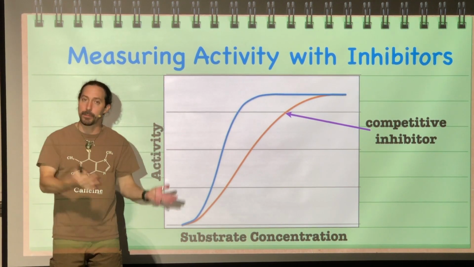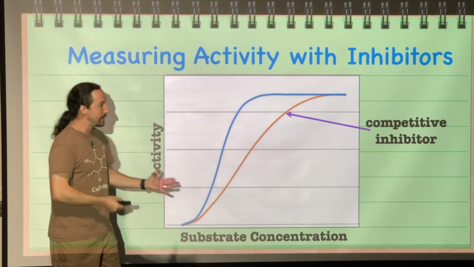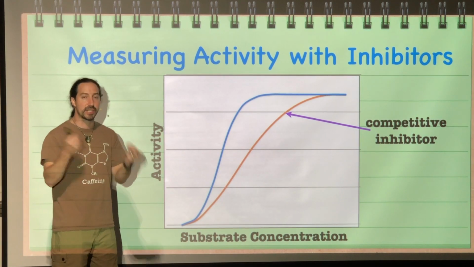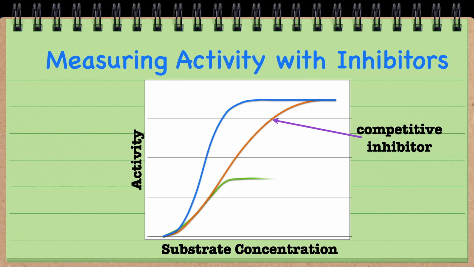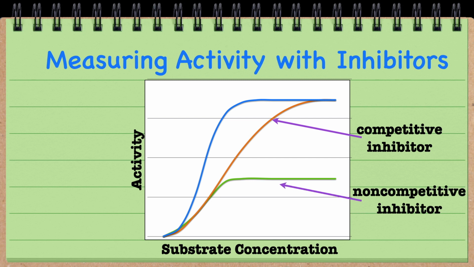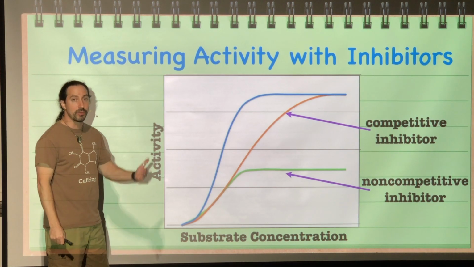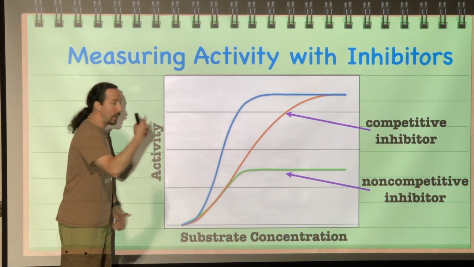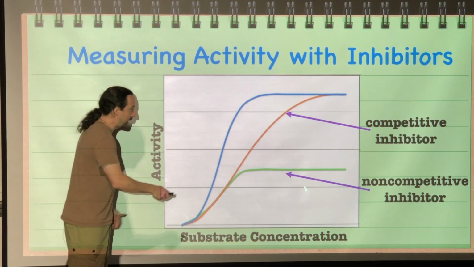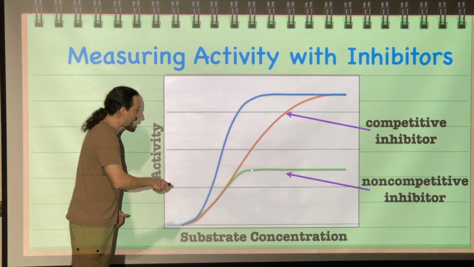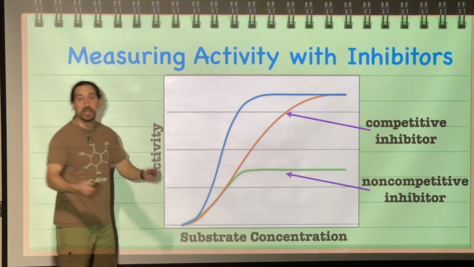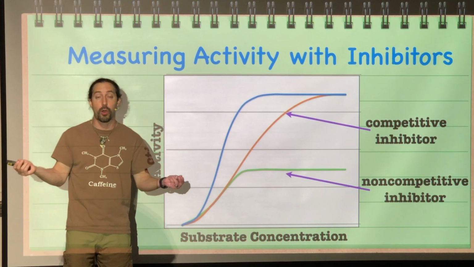But non-competitive inhibitors, since they're not going to the same site, end up with a peak rate that doesn't change no matter how much more substrate we add. We can keep adding more and more substrate, but there's always going to be a certain amount of enzymes that are turned off.